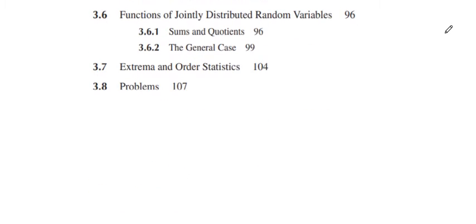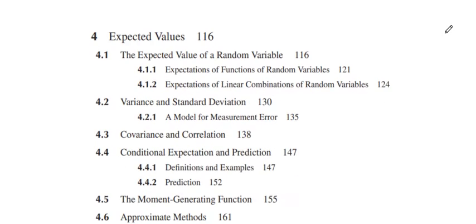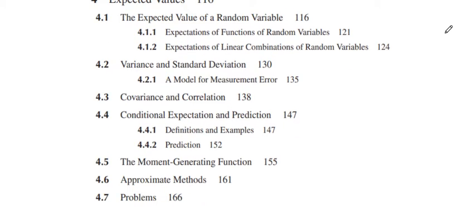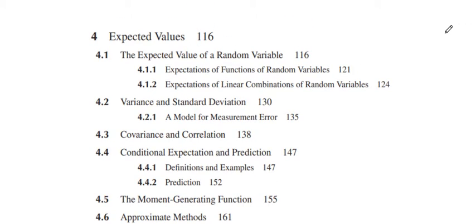Chapter 4 is expectation. From distributions, we can find two important numbers. The first one is the mean, or expectation.